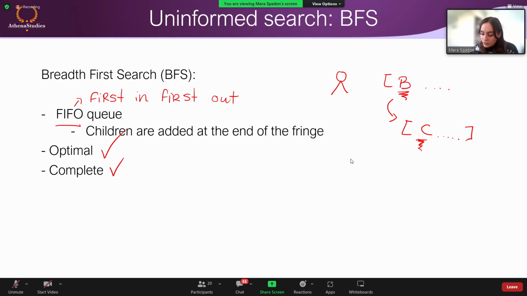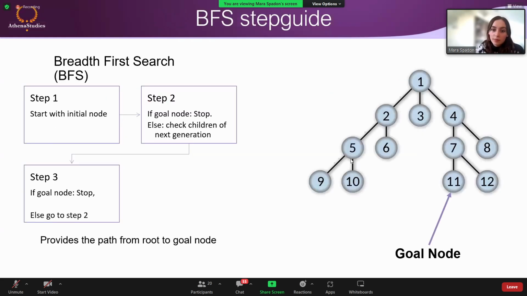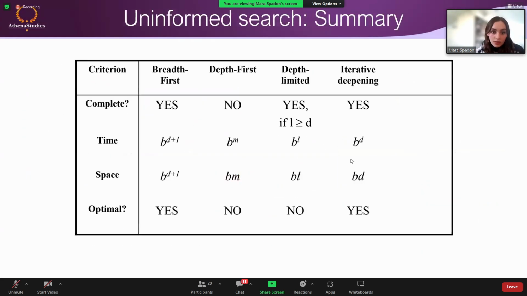And if the graph is infinite, then breadth first search is complete under the following condition: a goal node is reachable from the start and no node has an infinite number of successors. But in our cases, with the finite one, it is optimal and complete.